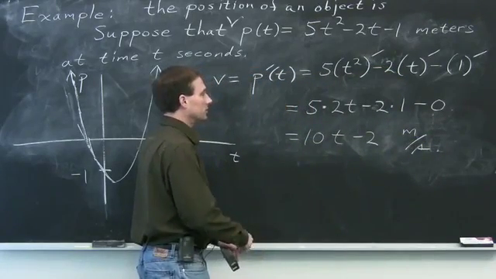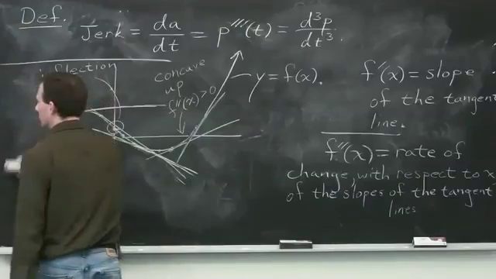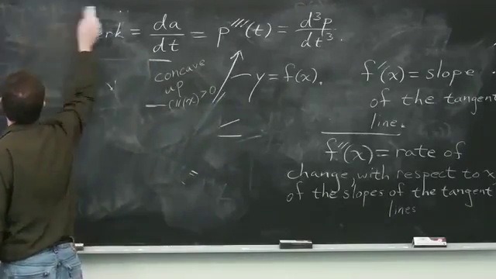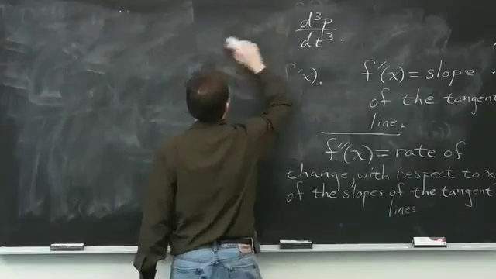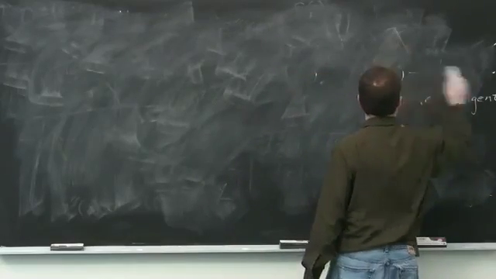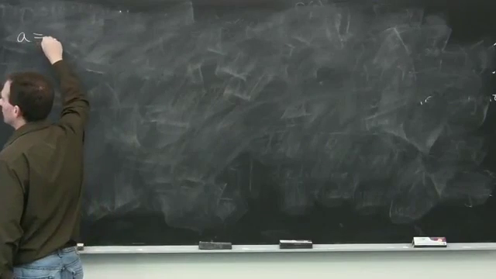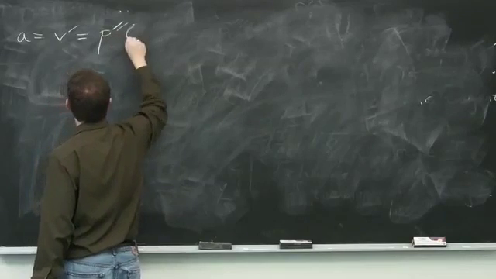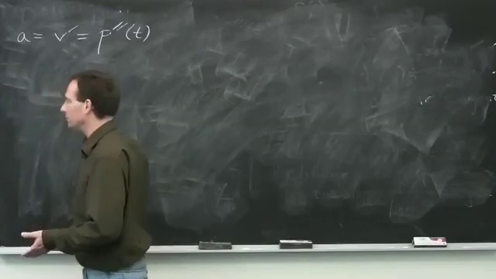The acceleration is p double prime of t, the derivative of the velocity. And we can calculate that easily with our rules. So what do you get? Acceleration, which is the derivative of the velocity, which we now also write as the second derivative of the position with respect to time, is the derivative of the derivative.